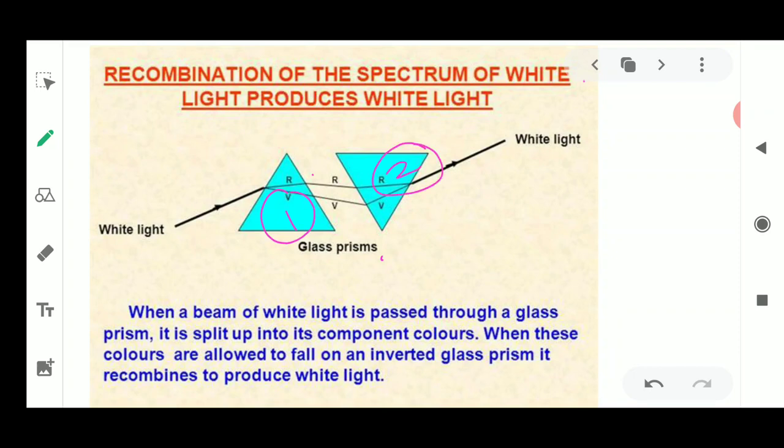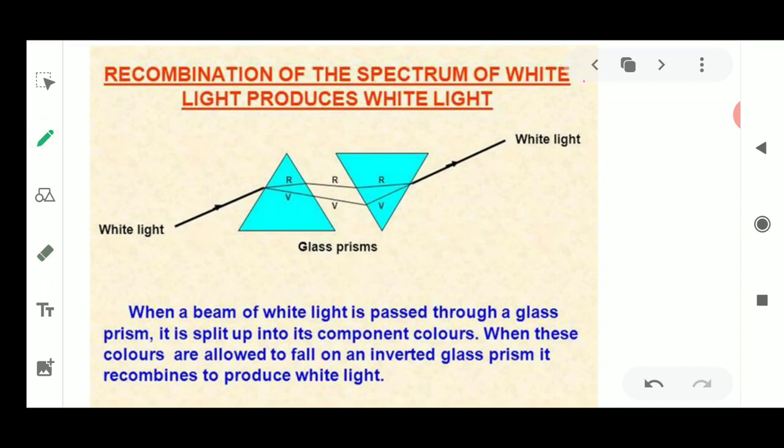If they are kept in such a way, the white light splits up into the spectrum, and in front of the spectrum, the other prism combines it, and it comes out from the other side as white light. So this is known as the combination of spectrum to form white light.